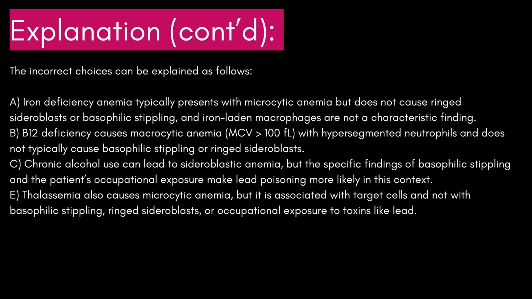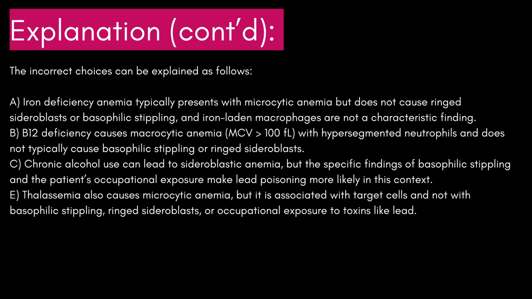Chronic alcohol use can lead to sideroblastic anemia, but the specific findings of basophilic stippling and the patient's occupational exposure make lead poisoning more likely in this context. Thalassemia also causes microcytic anemia, but it is associated with target cells and not with basophilic stippling, ringed sideroblasts, or occupational exposure to toxins like lead.